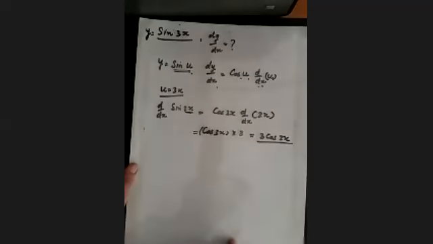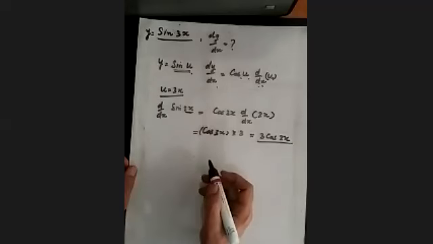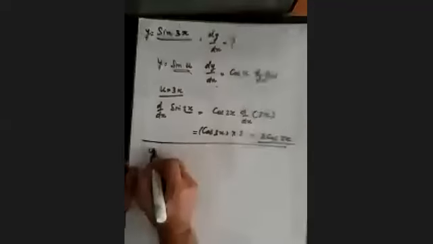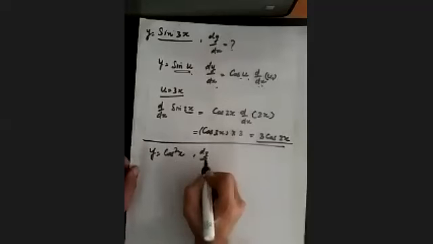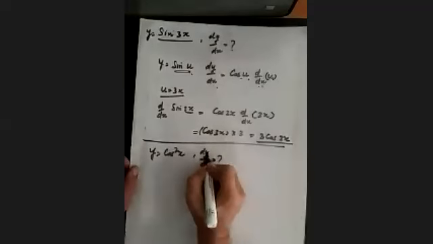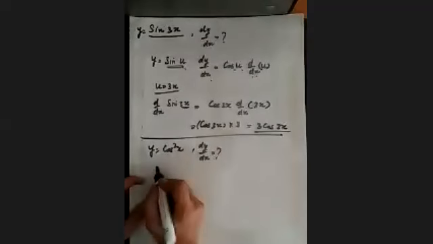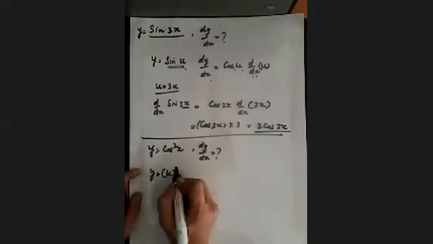Now differentiation of cos square x. Yes. So if y is equal to cos square x, what will be dy by dx? So this is similar to y is equal to u to the power n.